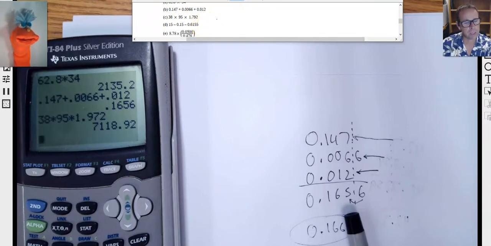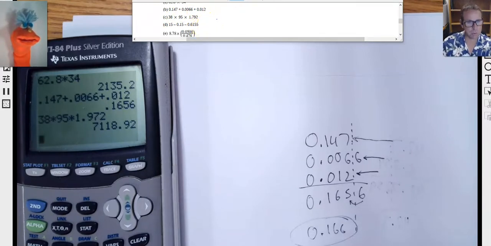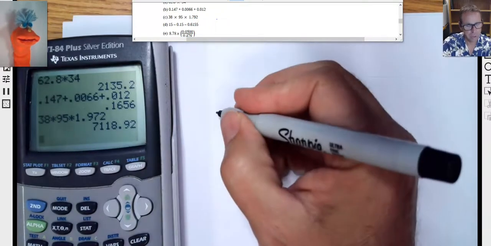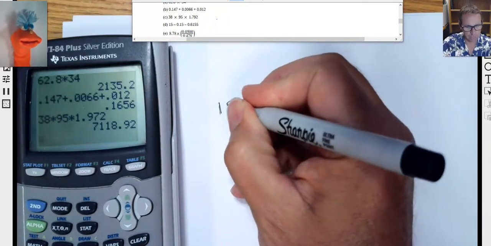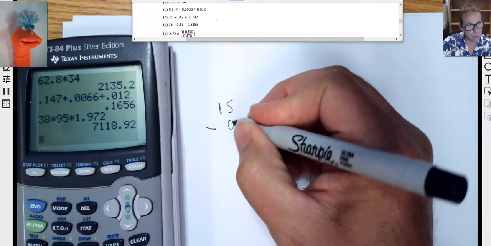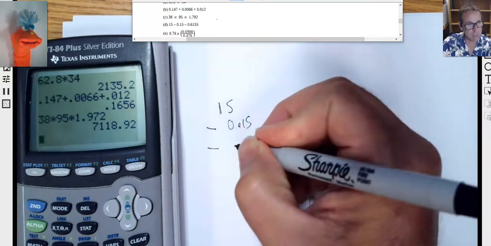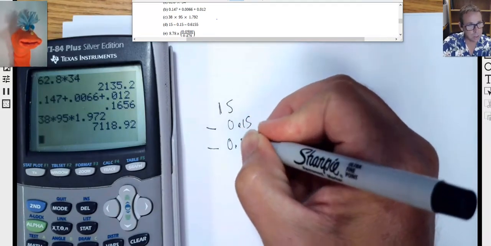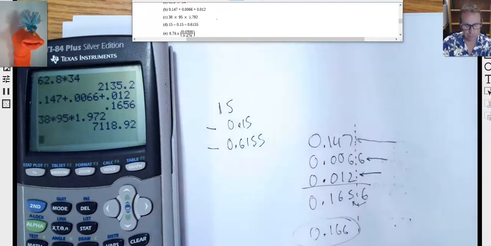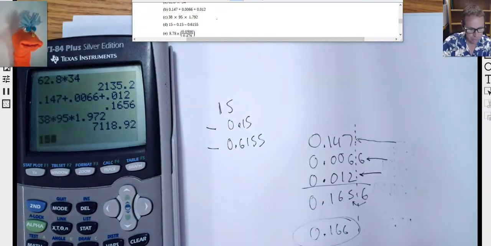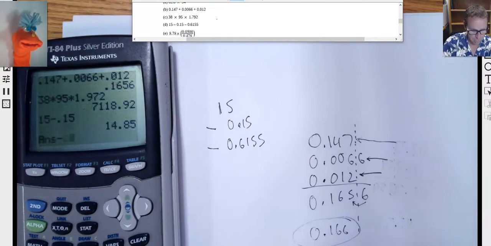Okay, so here is a problem where we're going to do some subtraction. I line them up, right? Yeah. 15 minus 0.15 minus 0.6155. Okay, so 15 minus 0.15 minus 0.6155.